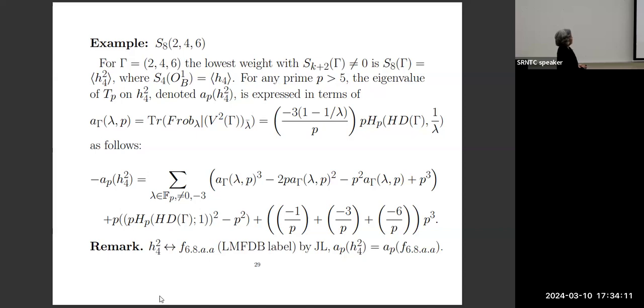And for the A_p for the square itself, because it has weight 8, it comes from symmetric powers, so there are some polynomial relations to express that. And the remaining part gives you the contribution at the 3 elliptic points. Well, by the Jacobi-Lehner correspondence, this form for the 2, 4, 6 corresponds to the weight 8 form for level 6. So this also gives you the A_p for that weight 8 form.